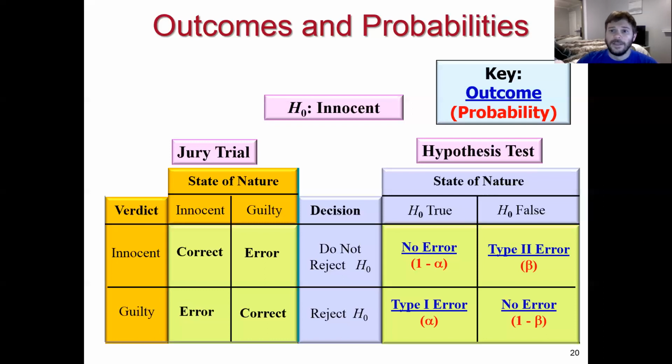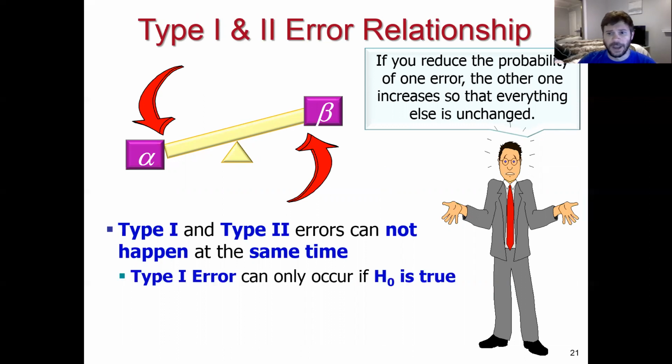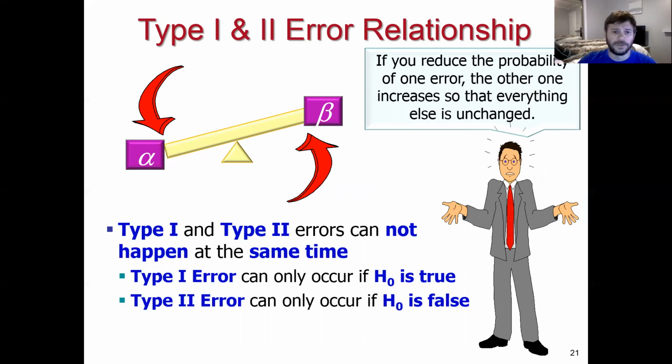Now, the relationship between these two types of errors may be hard to see, but it turns out type 1 and type 2 errors cannot happen at the same time. A type 1 error can only occur if the null hypothesis is true. A type 2 error can only occur if the null hypothesis is false.